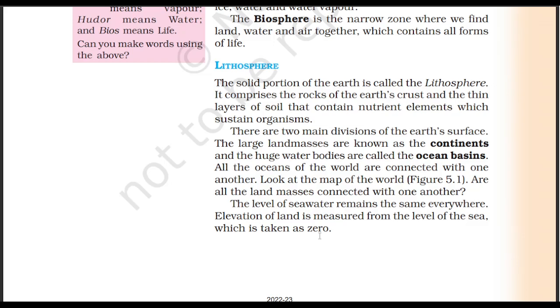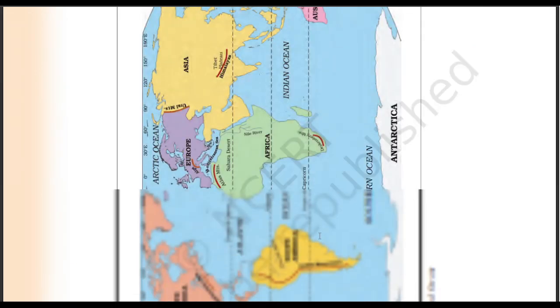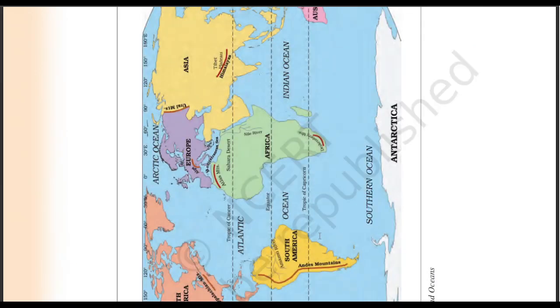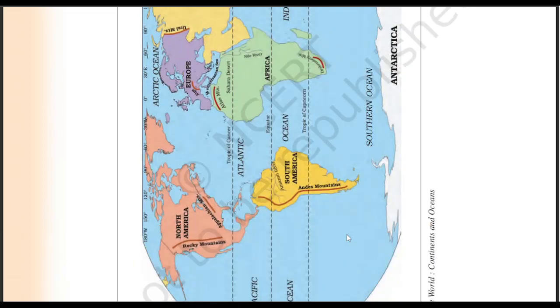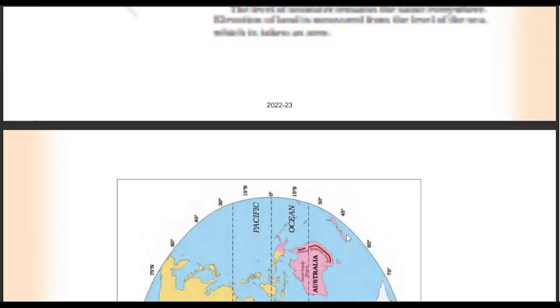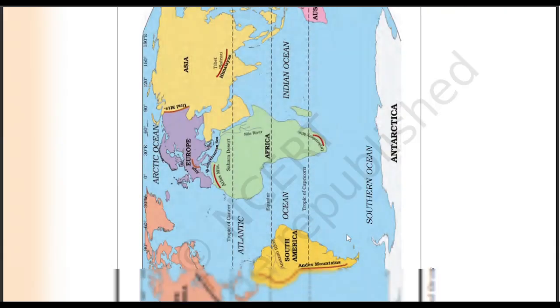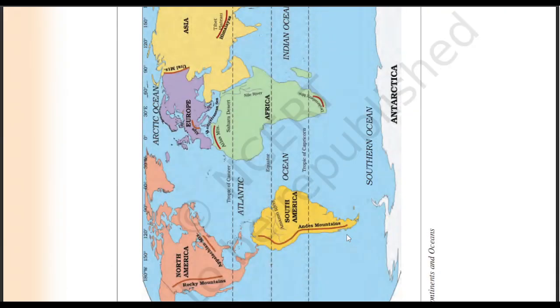Look at the map of the world. You can see the blue areas are ocean, and you can clearly see all these oceans are connected to each other, but the land masses or continents are not connected to each other.